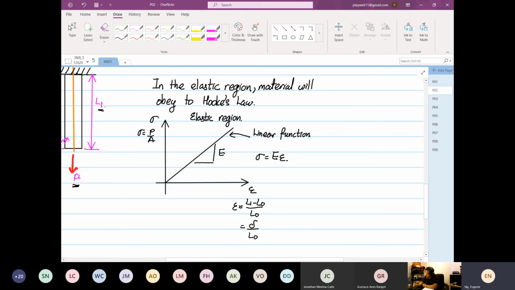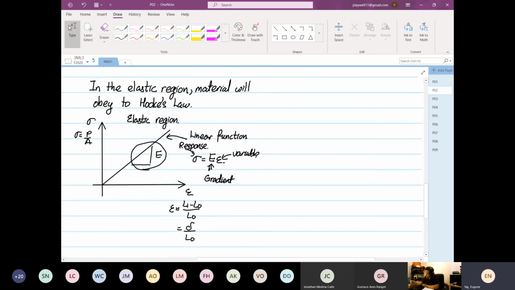E over here is the Young's modulus, and this is the gradient. Epsilon is our variable, and stress is our response. When you were doing your math course, I believe Sylvie taught you how to do functions, yes or no? So this is a very simple function.